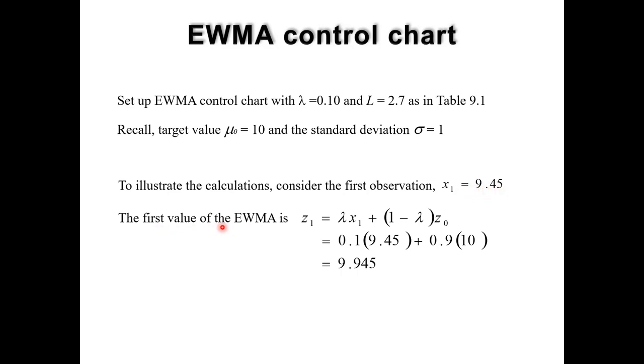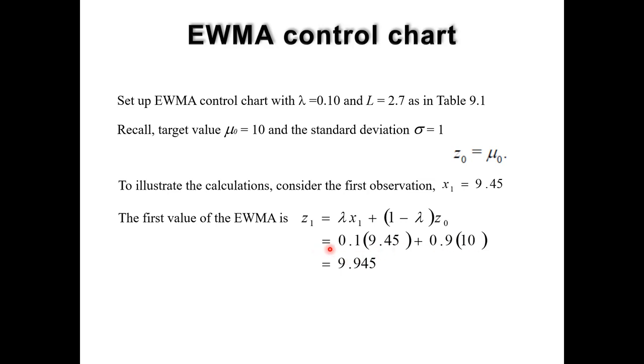So the first value of EWMA is z1, which we compute using this formula: lambda times x1 plus 1 minus lambda times z0, where z0 is the initial EWMA statistic. We have known earlier on that the initial EWMA statistic is equal to the population mean value, in this case 10.